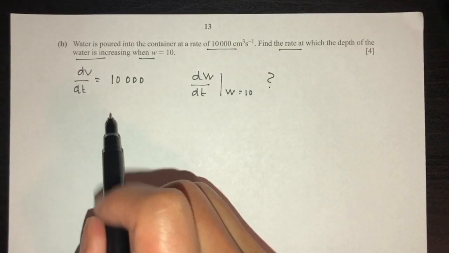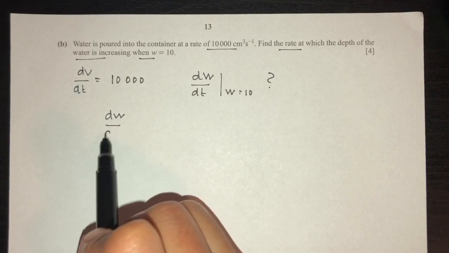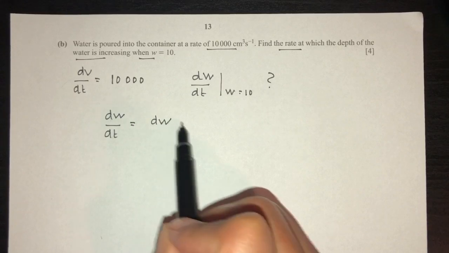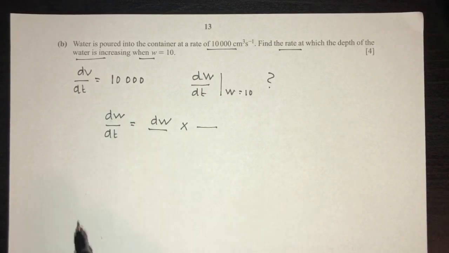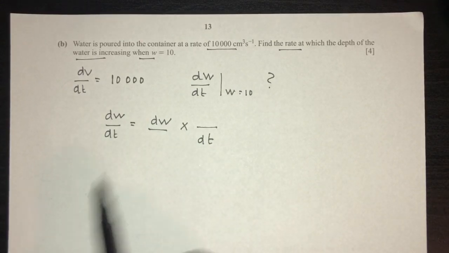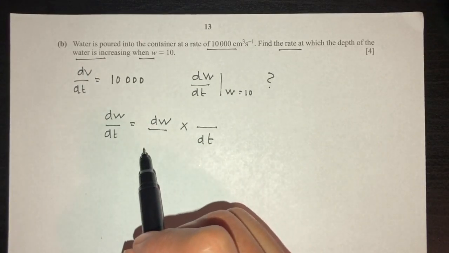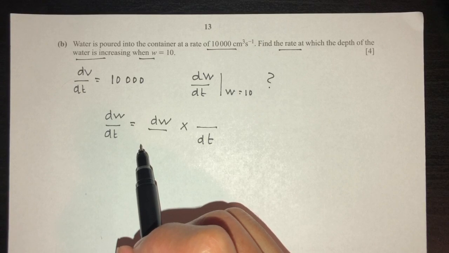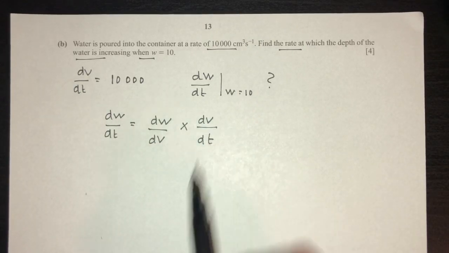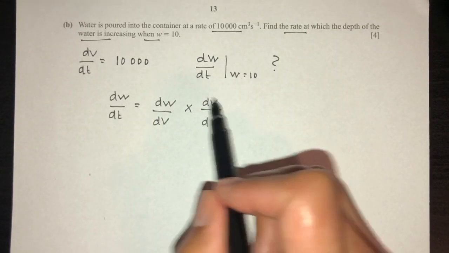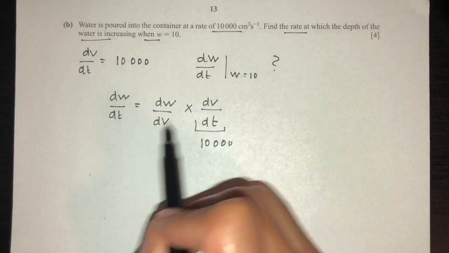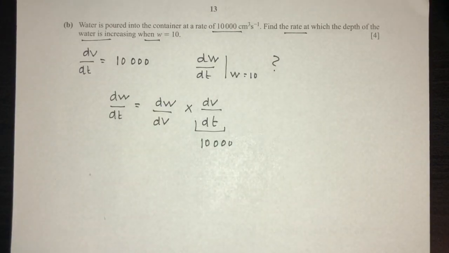How do you find dW by dt? On top we have dW, times something, and dt on the bottom. So what connects these two? As you can see, we have V, the volume of water, so dV and dV. This we know already: dV by dt is 10,000. We have to find this one. So how do you find this one?